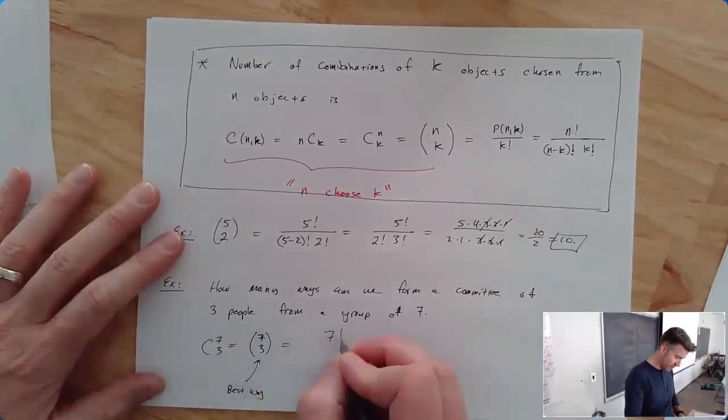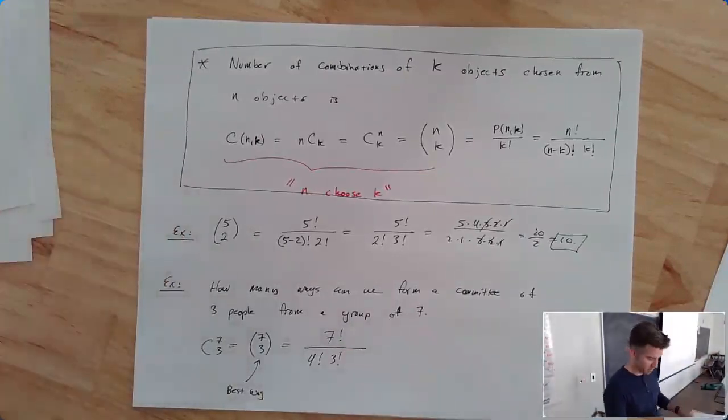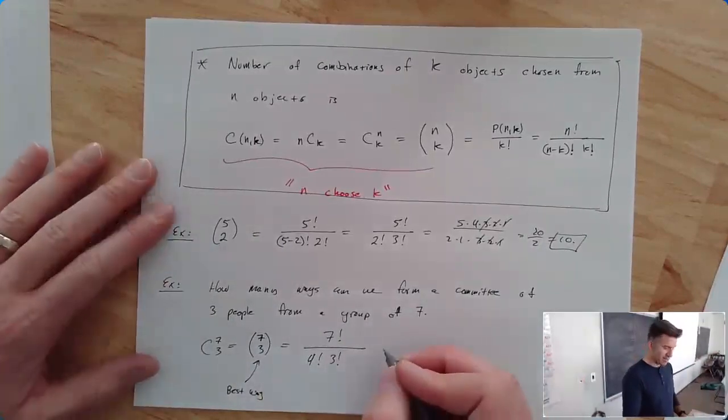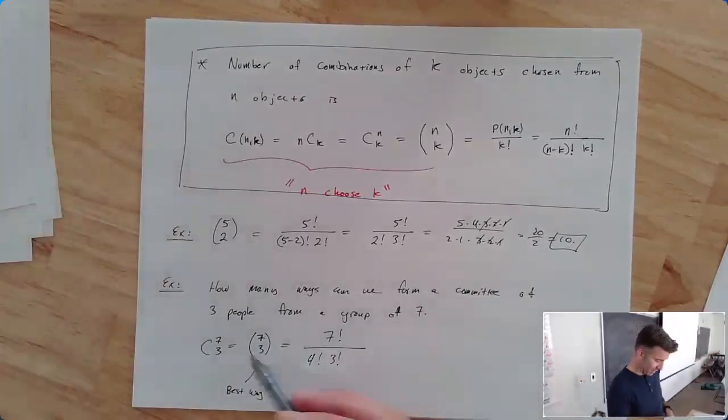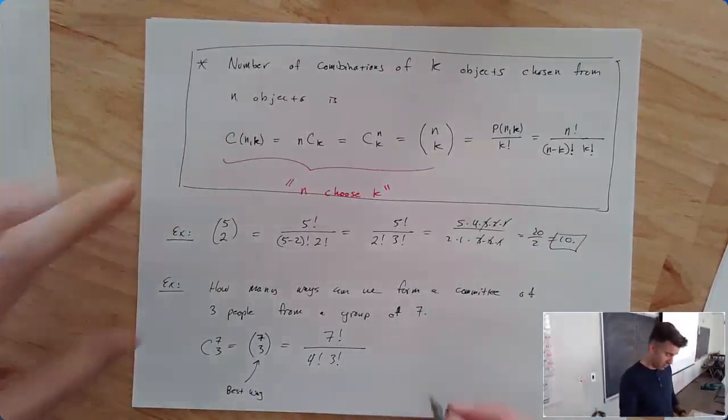It's going to be 7 factorial over 4 factorial times 3 factorial. I would usually write the 3 factorial first, but I started writing the 4. The nice thing about this is, if the numbers get really big, you should just leave it like this. But for relatively small numbers, we can usually simplify this without too much effort.